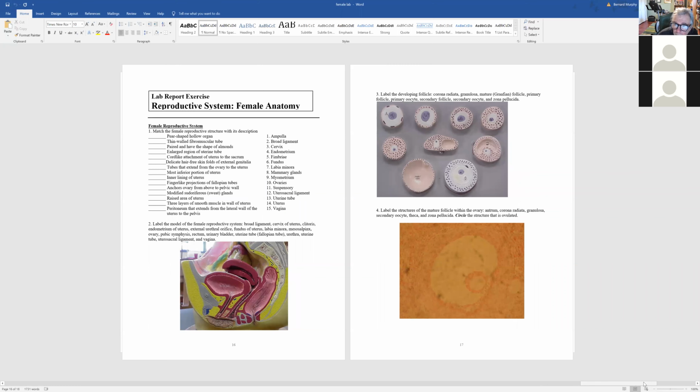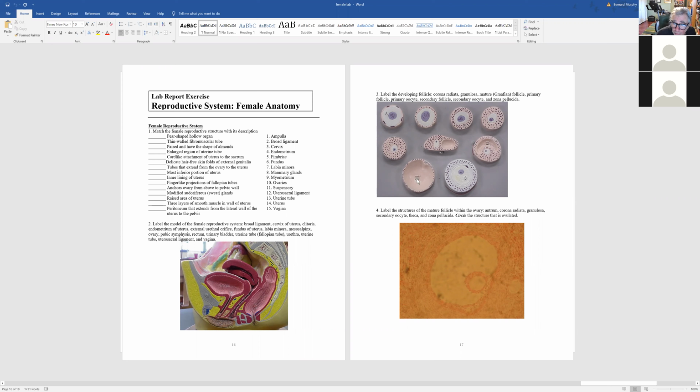Let's see what else we got here. Okay, and here on this page, we got primordial. Remember, these are primary follicles. These two are secondary follicles.